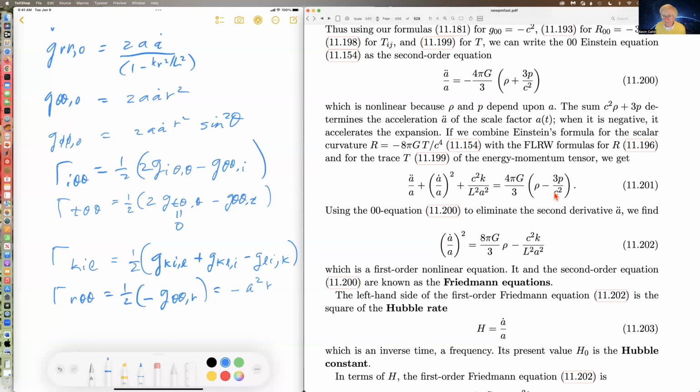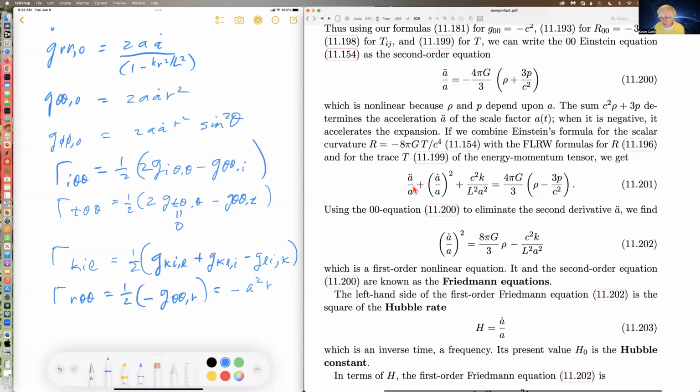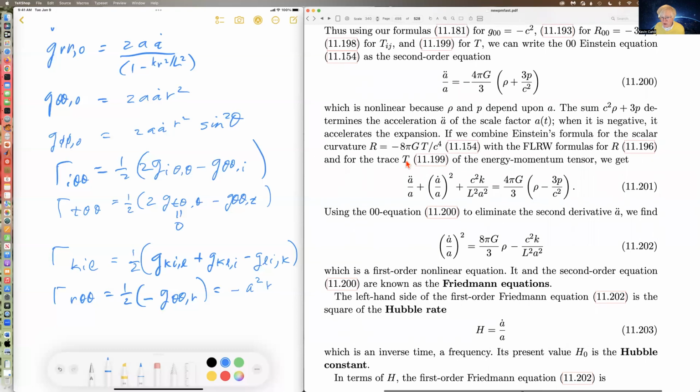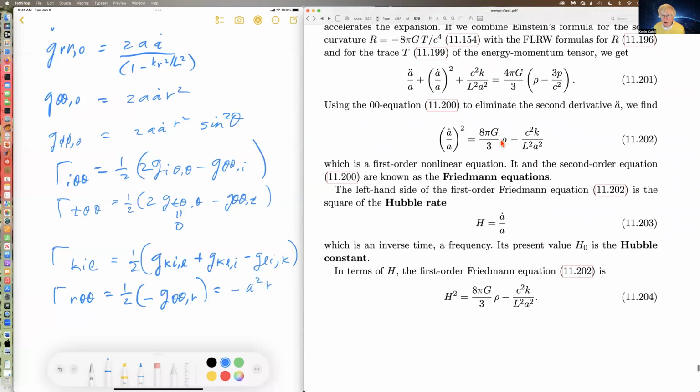And using this equation, we can eliminate the second derivative. In other words, we just substitute for that expression there. And then when we rationalize things, what we get is one of the Friedmann equations.